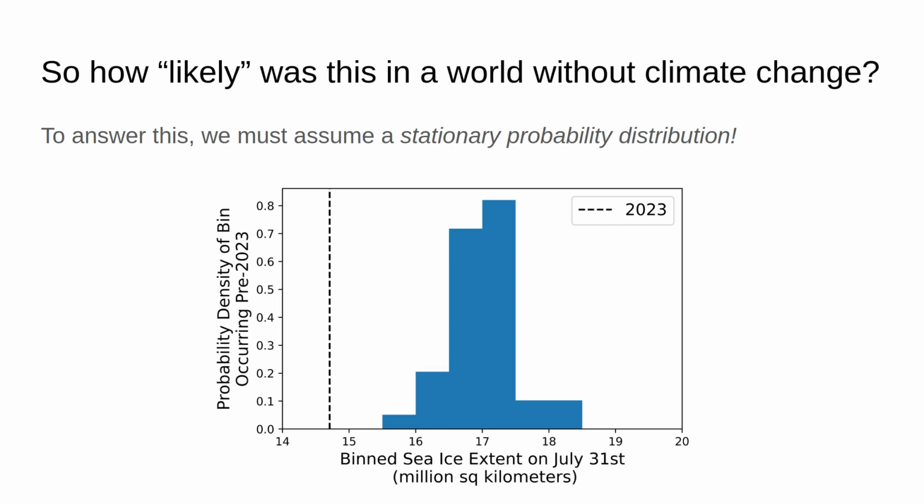And to answer this, you have to make a couple of major assumptions that we didn't have to make for the sigma analysis. Firstly, you have to assume a probability distribution. And secondly, you have to assume that it is stationary.